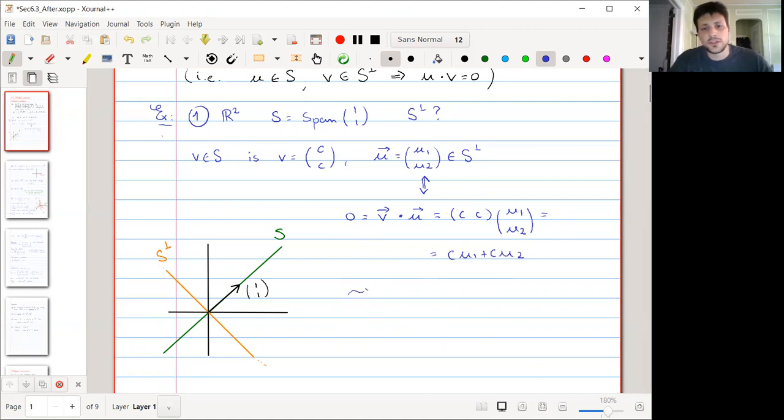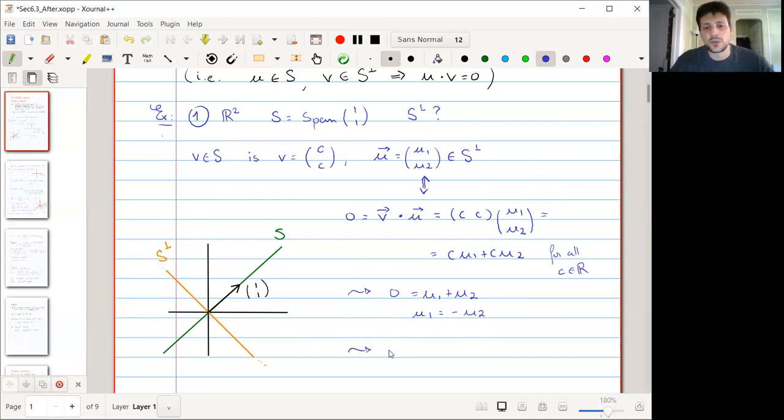This must be true for all C in R. In particular, it's true for C equals 1. So we must have that U1 plus U2 is equal to 0, and we can rewrite this as U1 equals minus U2.